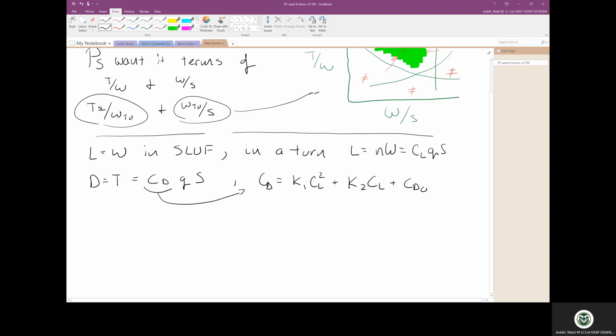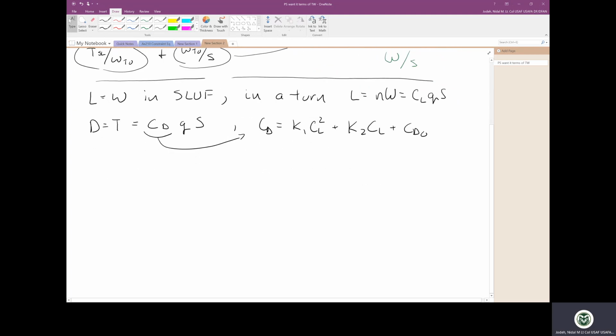Okay. We're going to be introducing two new terms as well. We're going to introduce this relationship of thrust is equal to alpha times the thrust at sea level. And in this case, alpha is not the angle of attack. Alpha is designated as the thrust lapse rate. We also introduce weight as beta times the weight at takeoff.